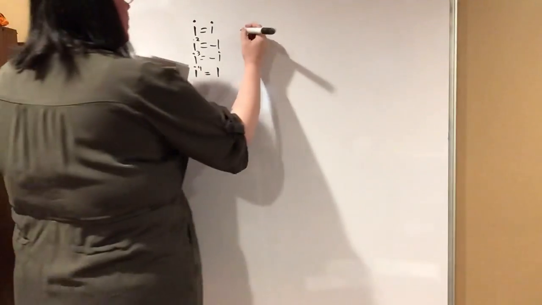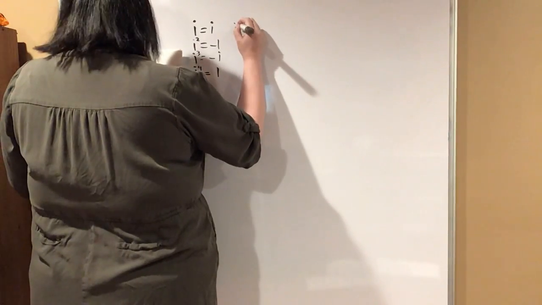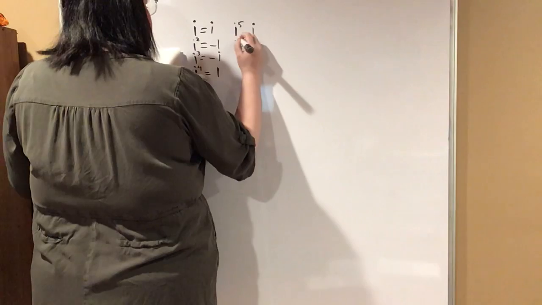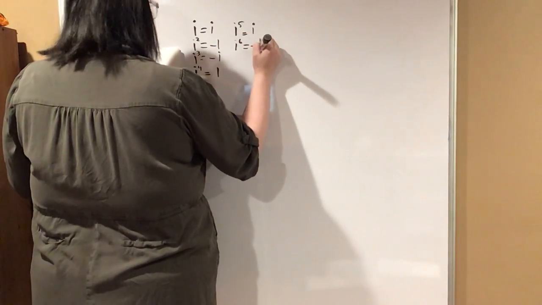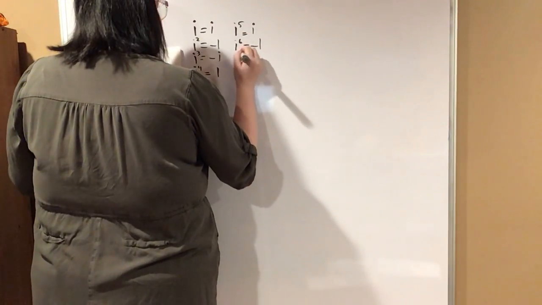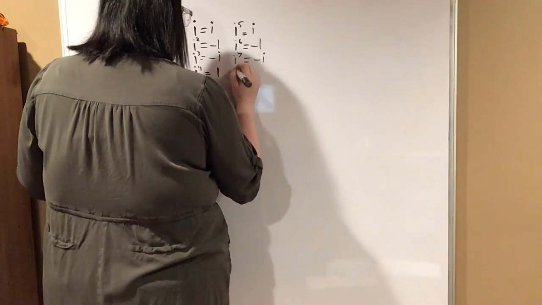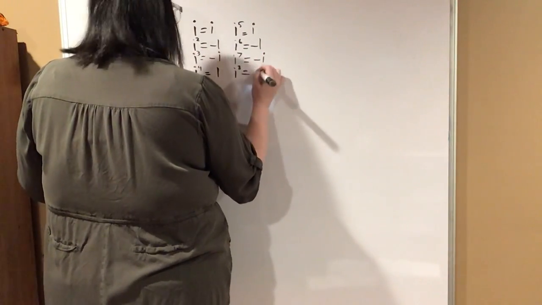Now we're going to get to a pattern. i to the 5th equals i, i to the 6th equals negative 1, i to the 7th equals negative i, and i to the 8th equals 1.